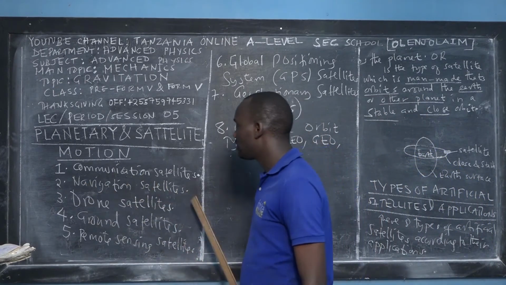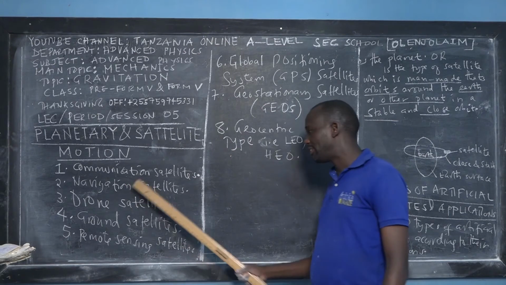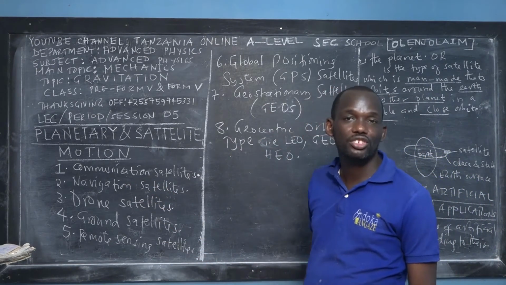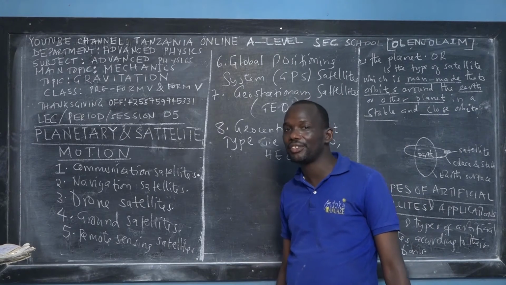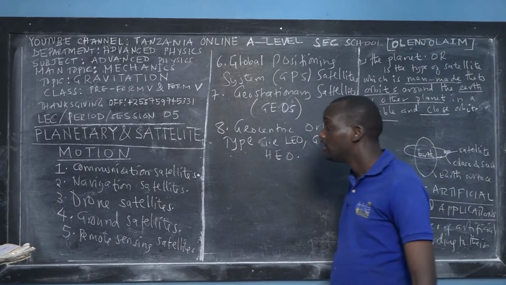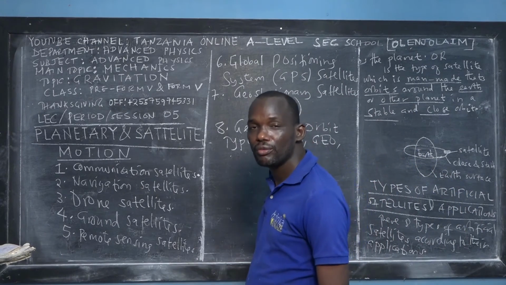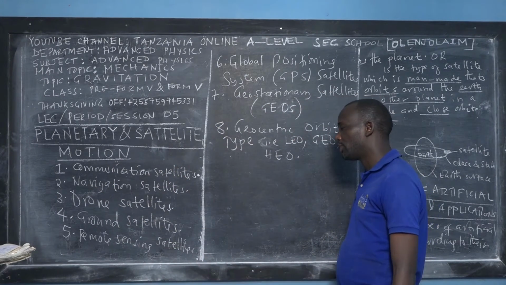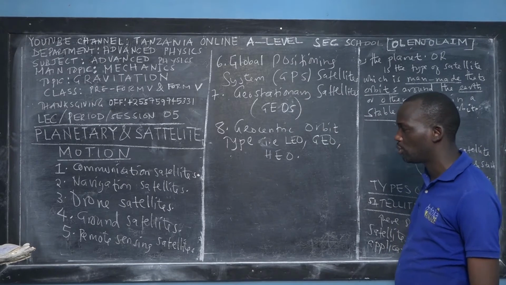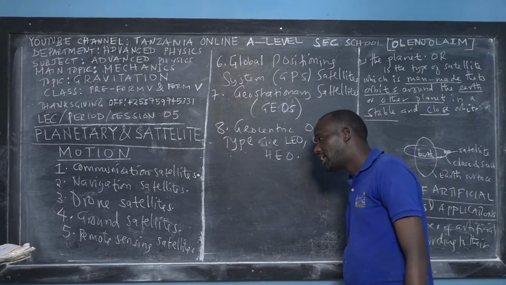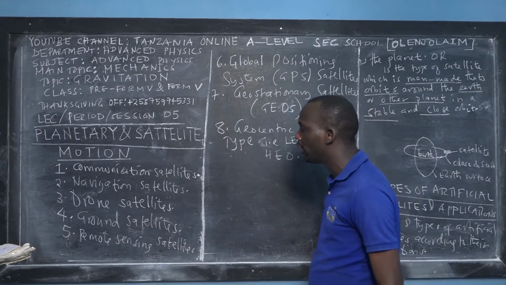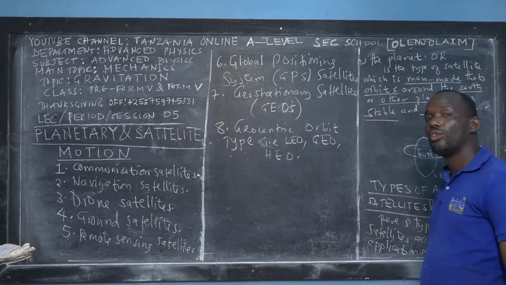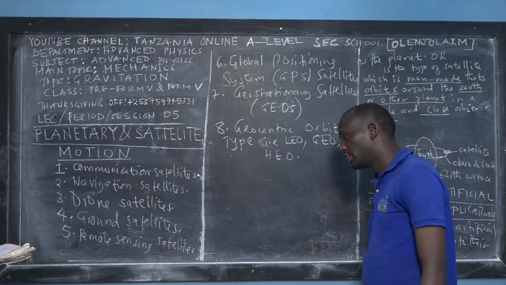Then we have navigation satellites for navigation purposes. For example, ship navigation, boat navigation, airplane navigation. Some of the airplanes are using satellite navigation. It's a little bit expensive, but yes, that's very important for you to have a right flight. Drone satellites, for the drones, you know, drones are small airplanes that are used especially in the 21st century for scientific research and engineering research.